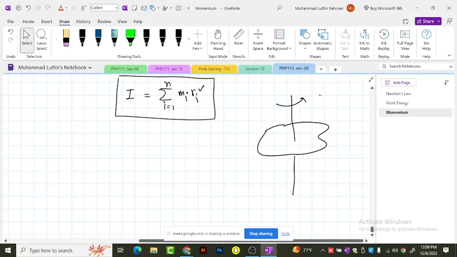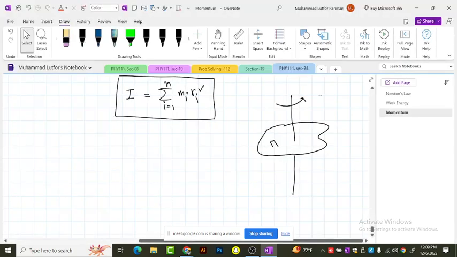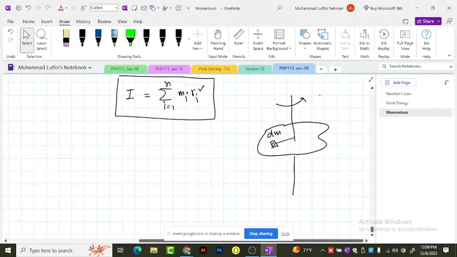Then what I'm going to do, I'll choose a small mass element over here, let's say this is dm, and it is at a distance r from this rotational axis, because the object is rotating about that axis. Then if I want to find out for the whole mass distribution, which is continuous, I will simply integrate over the system to find the total moment of inertia for this object.